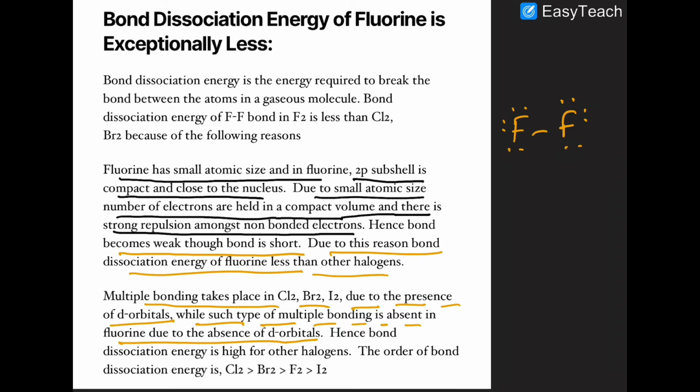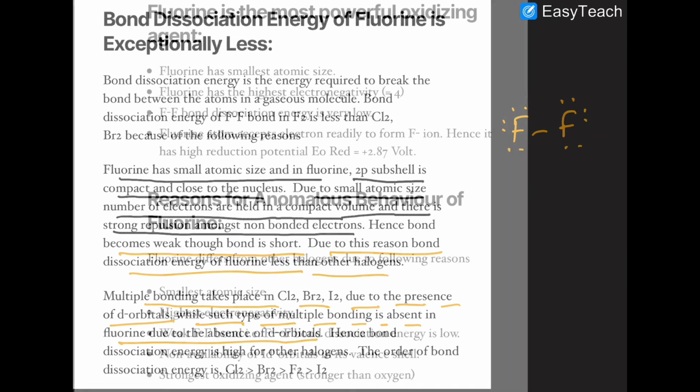Although chlorine, bromine and iodine have d orbitals available, in the molecular state no d orbitals are involved. So in fluorine, due to the lone pair repulsion, despite the smaller bond length, the bond is weak and can be easily broken.